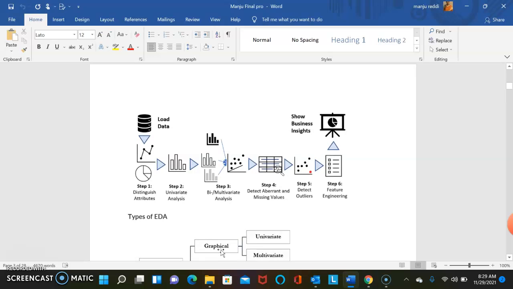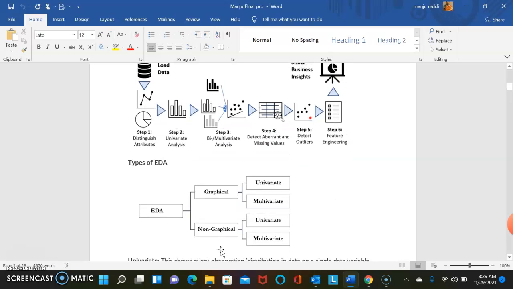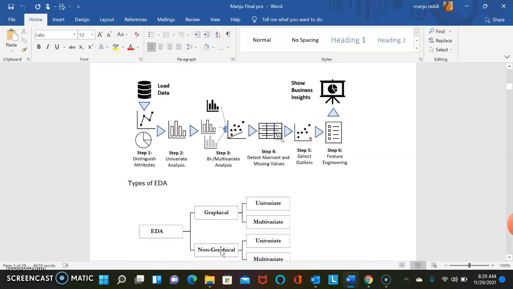So we can dump our data into data visualization software, and so on.